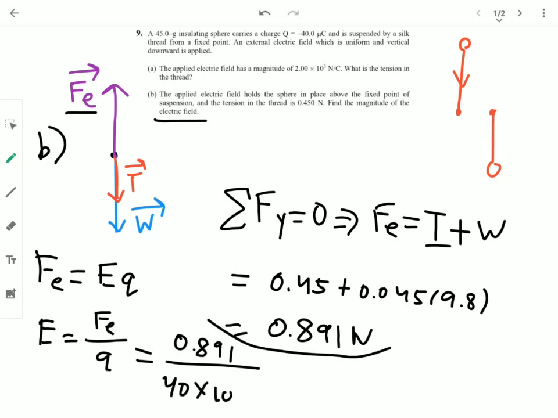You may be wondering why I'm not using minus 40. The minus just shows us the direction. Since they're asking us for the magnitude, the signs are all positive. And once we solve, we should get 2.23 times 10 to the power of 4. And since the unit of the electric field is Newton per Coulomb, then you have to put Newton per Coulomb. And that's the magnitude of the electric field.